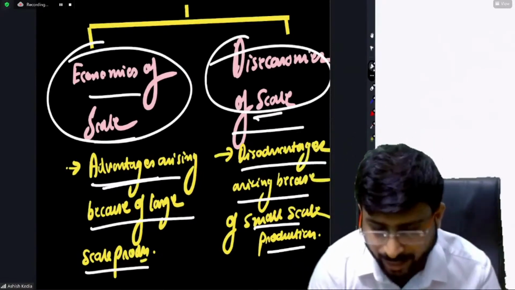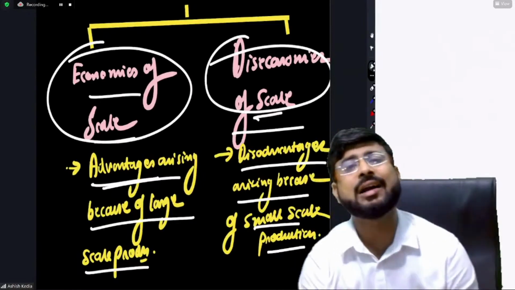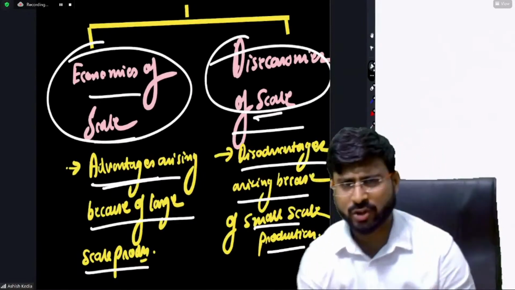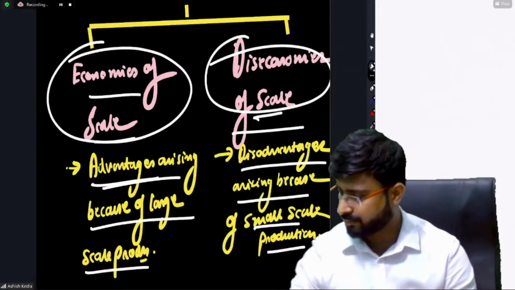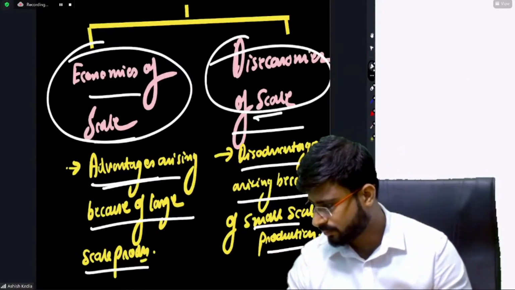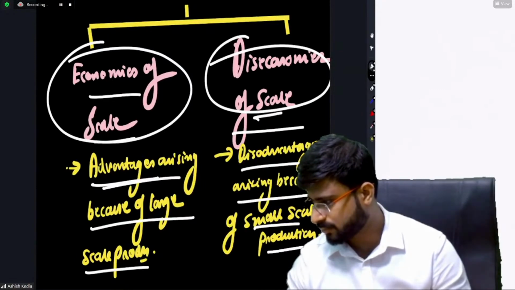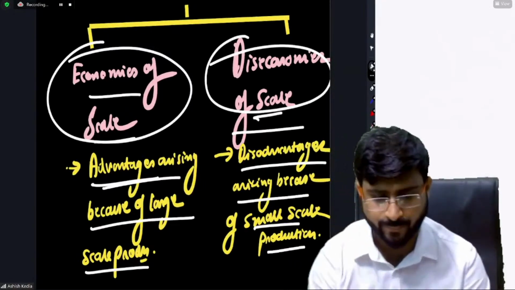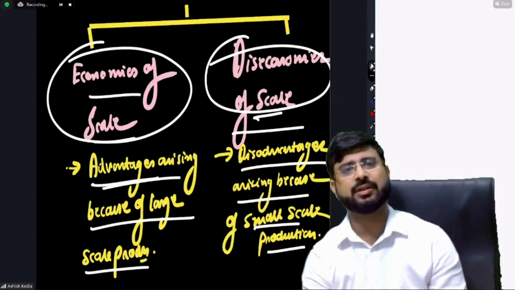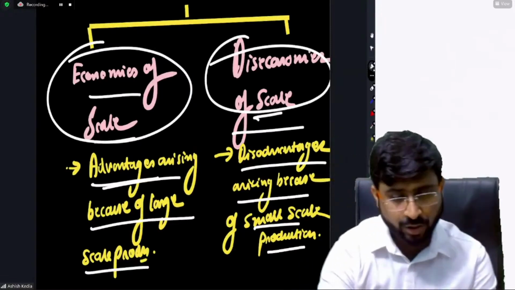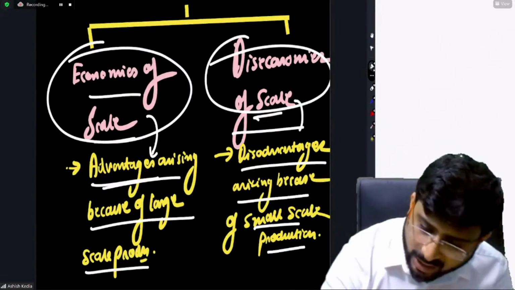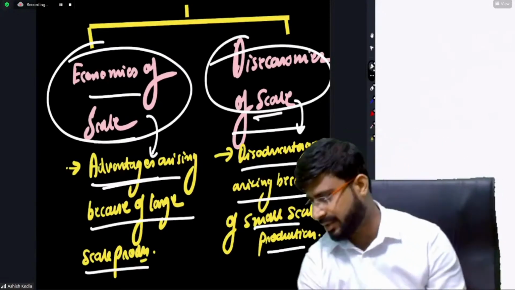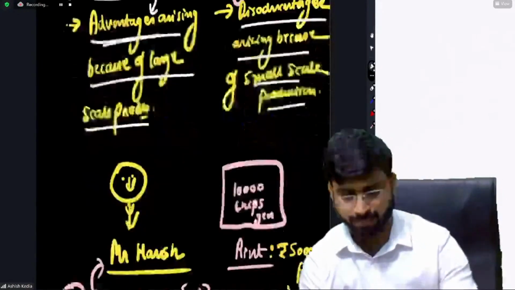First of all, do you understand this much, everybody? Yes, sir, we understand. So economies refer to advantages, diseconomies refer to disadvantages. Sir, can you give us an example?